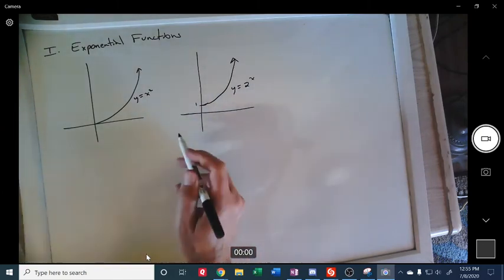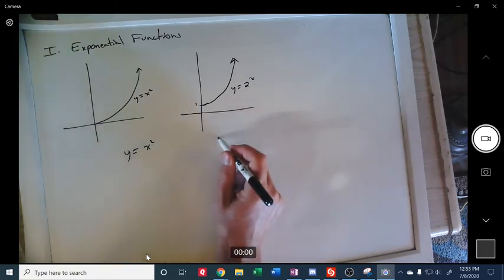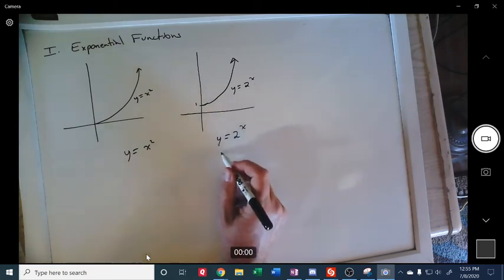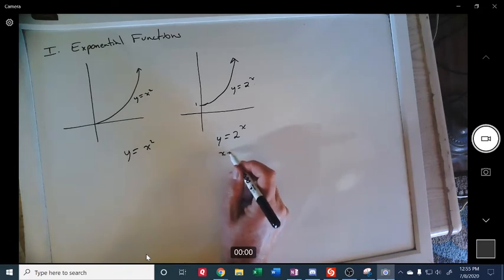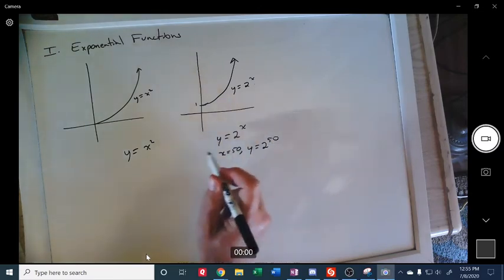But we would see y equals x squared, y equals 2 to the x. When x is 50, y is 2 to the 50th, which is gigantic.